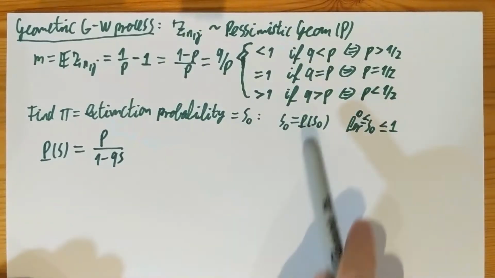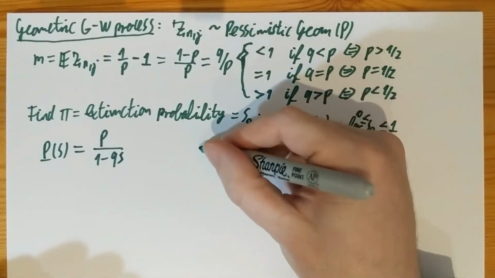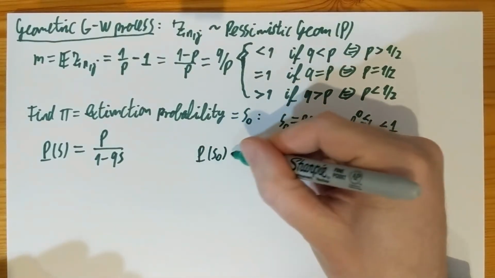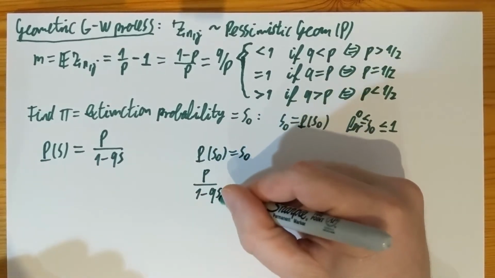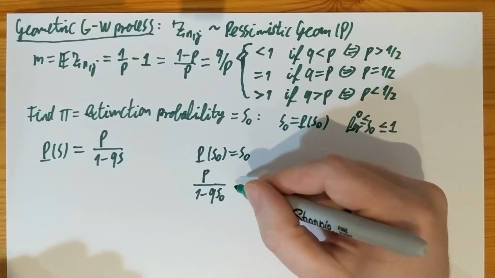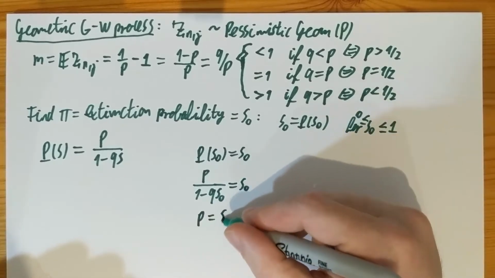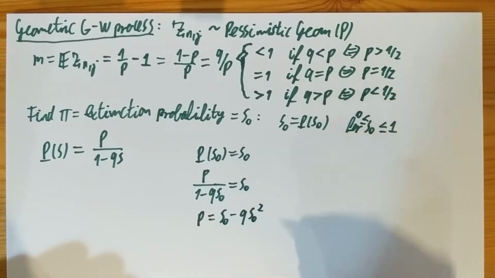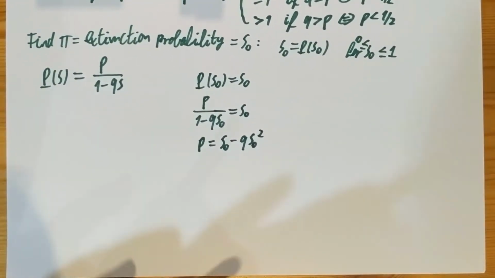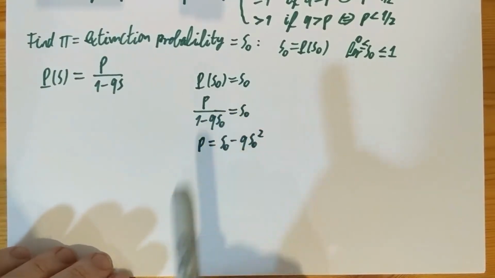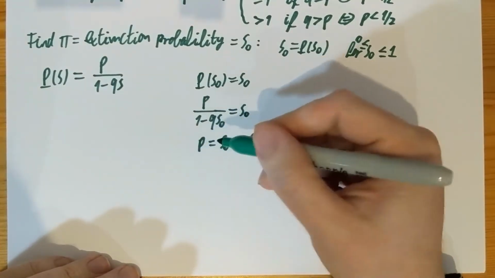So what we want to do is find the fixed point of this function, find s naught where P of s naught equals s naught, or p over 1 minus q s naught equals s naught, or p equals s naught minus q s naught squared, just by rearranging. Notice that in the interval 0, 1, 1 minus q s naught is never 0, so there are no problems with that.